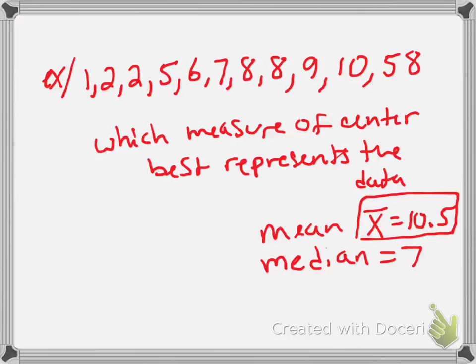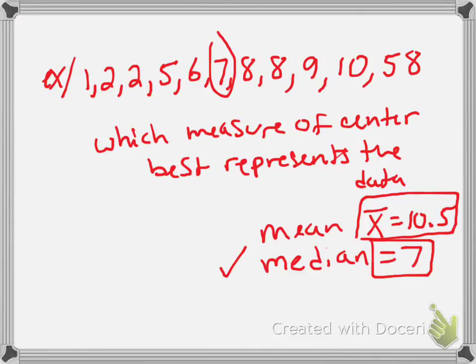So it really doesn't represent my data well at all. Whereas my median is a 7. I have some data values above, I have some data values below, and it represents about the middle. So again, my median is going to be my best representation of center.